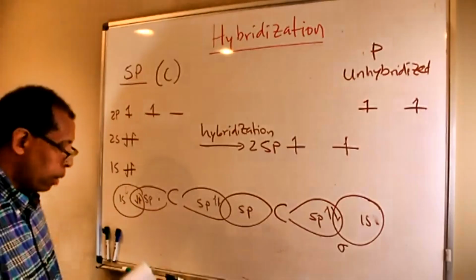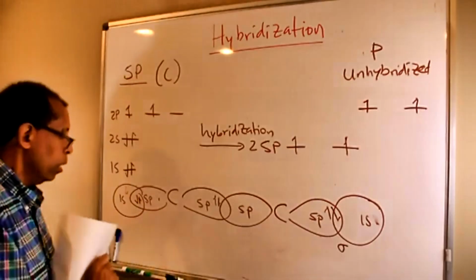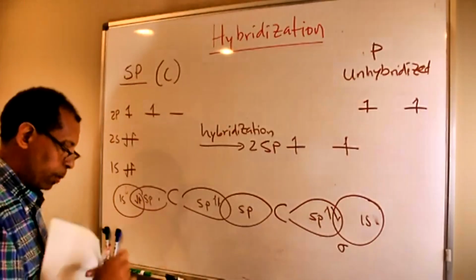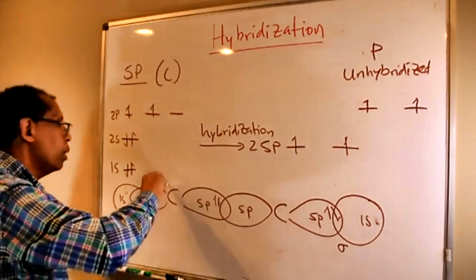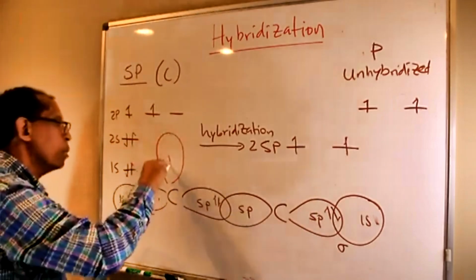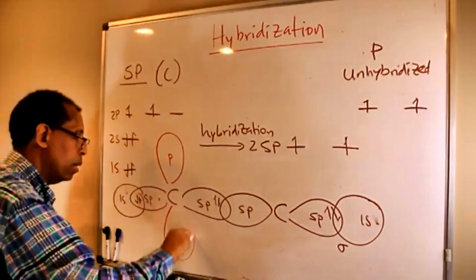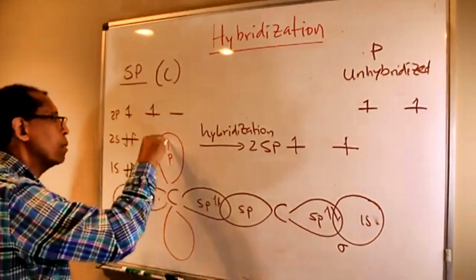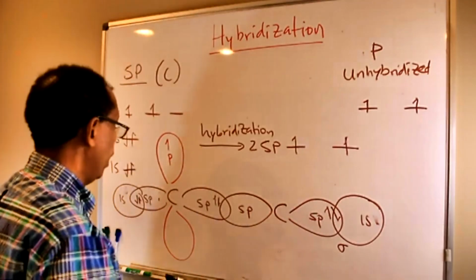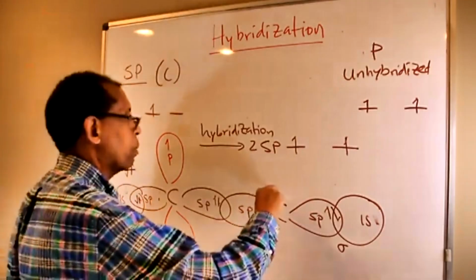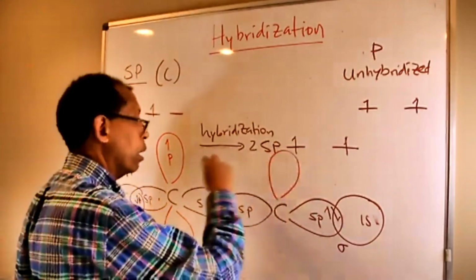One of them is 90 degrees to the other. So you would have this p orbital containing one electron, and the other p orbital similarly has one electron; they are equal size.